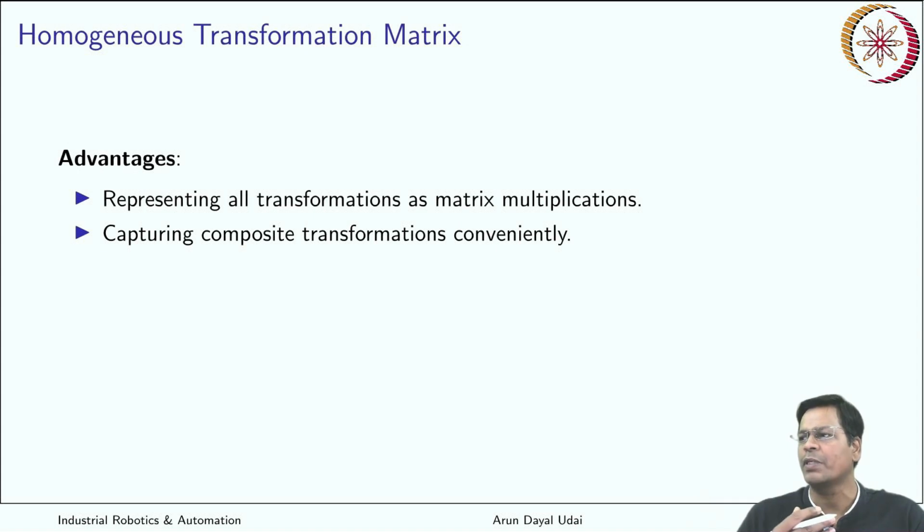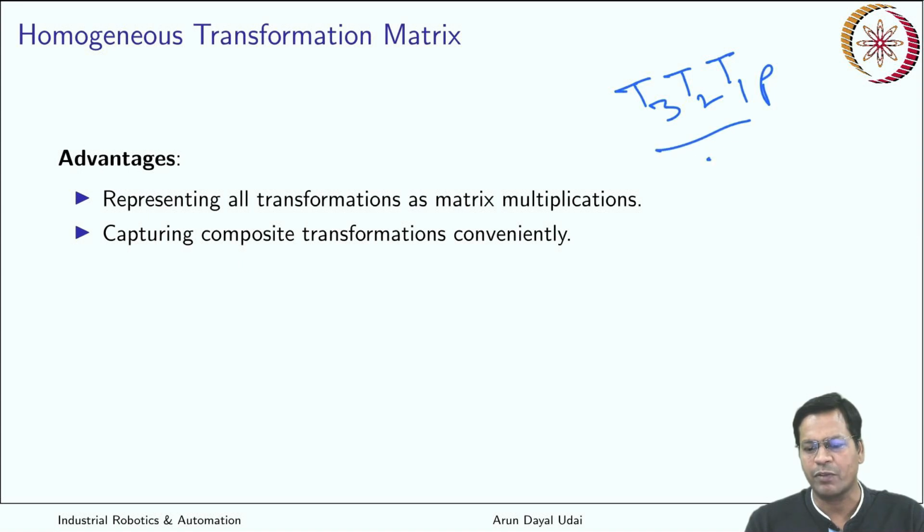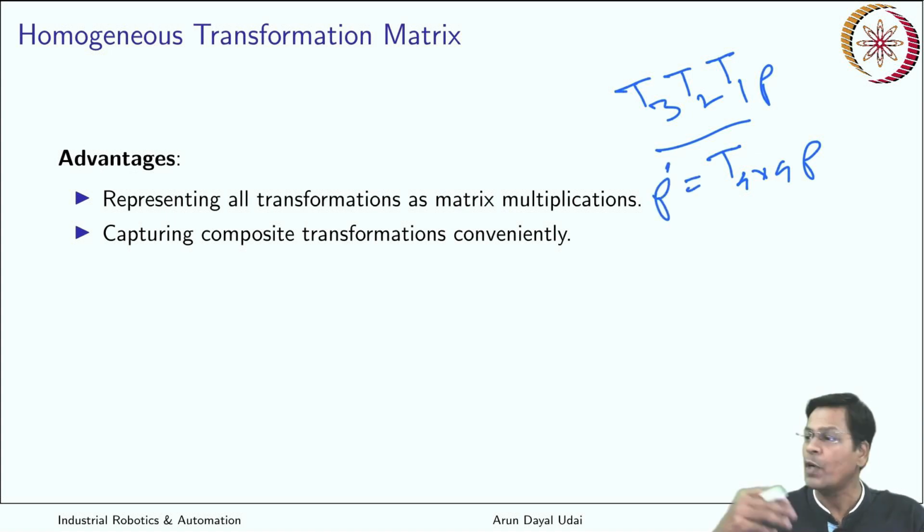So multiple transformations can be captured in a single matrix. A point applied with the first transformation, second one, third one, all of these are equivalent to a single transformation of a 4 cross 4 matrix applied on P, which gives you a new point. So multiple operations can be conveniently packed in a single 4 cross 4 transformation matrix.